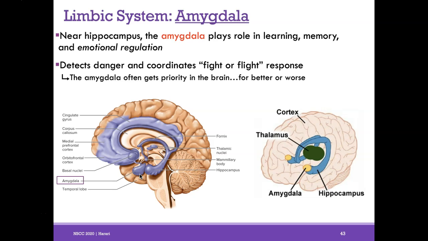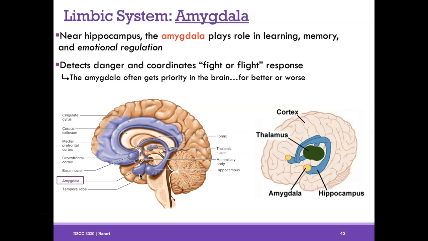So what happens is information from the ears and eyes goes to the reticular formation, which then goes to the thalamus and then the amygdala before it can go to the cerebral cortex.